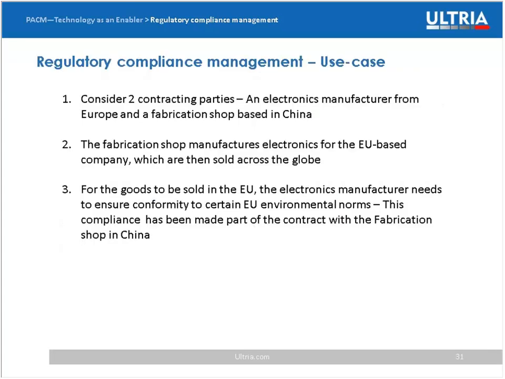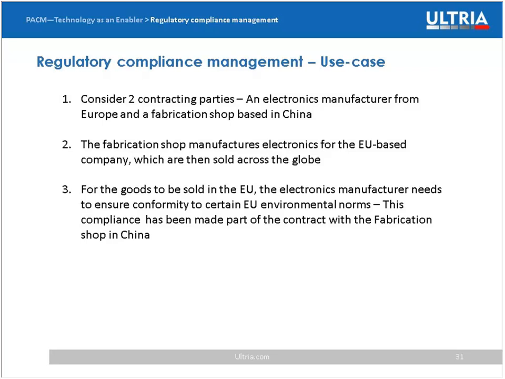Just to go down another simple use case, let's consider, again, two parties, maybe an electronics manufacturer and marketer in Europe, and a fabrication shop, let's say, in China. The fabrication shop manufactures electronics for this EU-based company, which are then sold across the globe. In order for these goods to be sold within the EU, the manufacturer needs to ensure environmental compliance by the offshore fabrication shop.